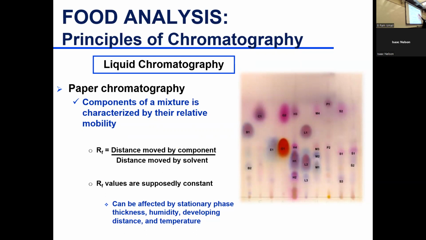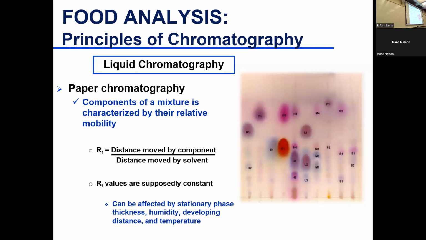Then you see how far your solvent traveled. Let's say you let it develop for 10 centimeters or 10 inches, whatever your measurement is. You measure that, and then you get a relative mobility. You would have run your standards, so you get the relative mobility of your standard compound and of your actual compound in the sample. Then you use that to identify.